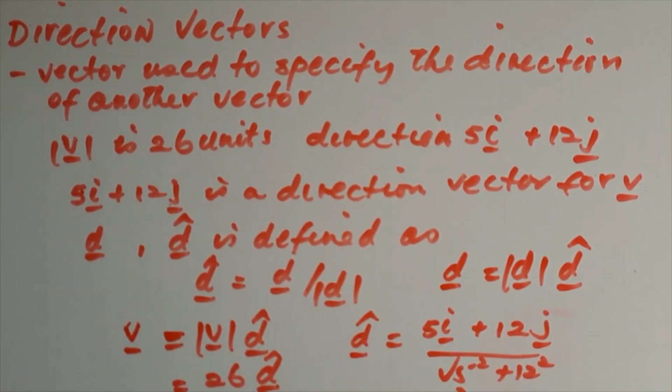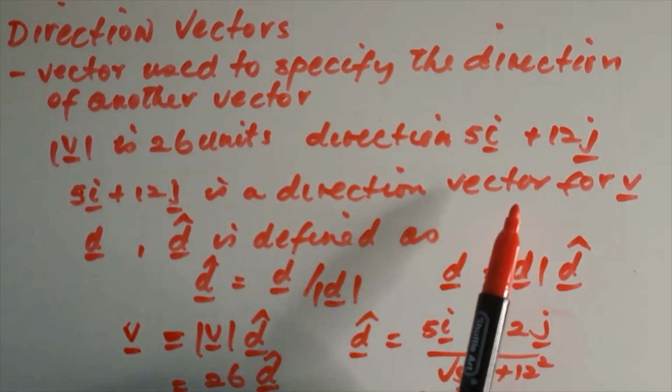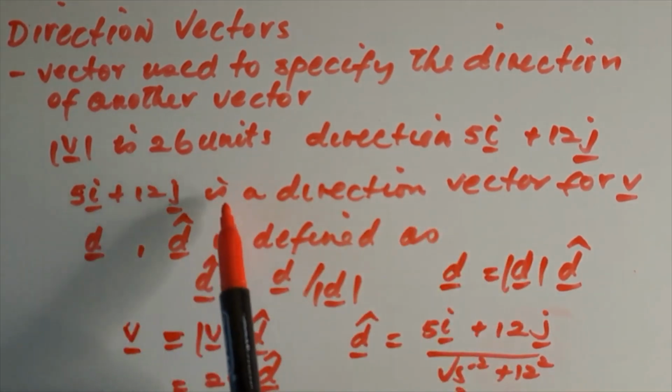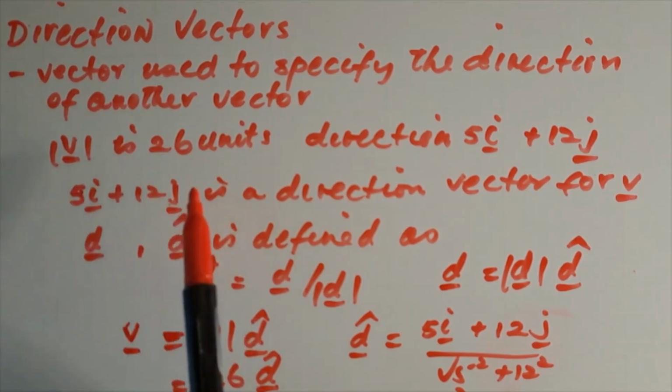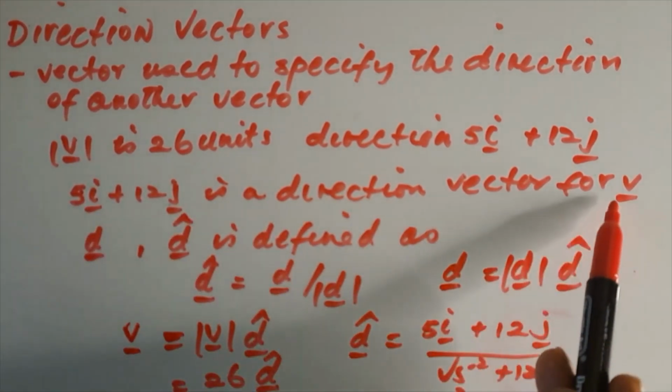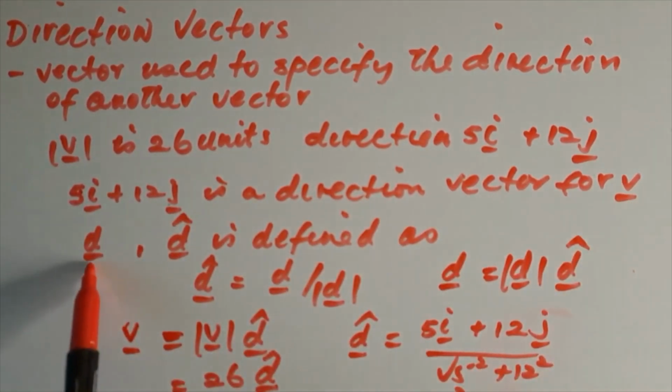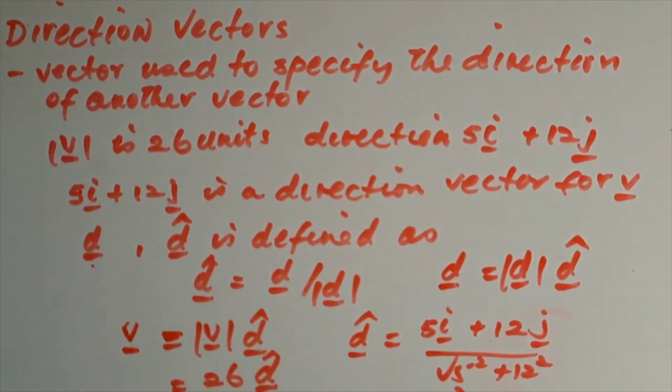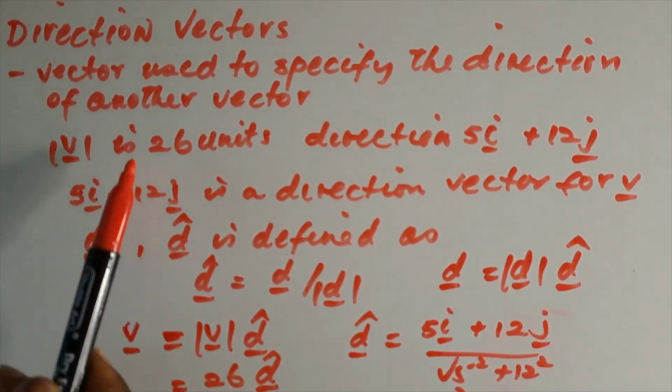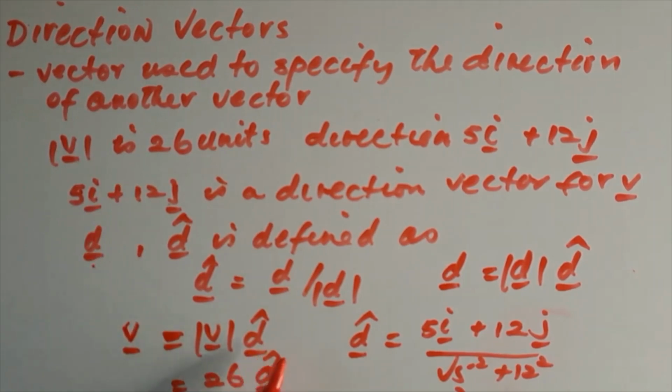Remember, we've stated here that this is in the direction of vector v, and we'll call it d. And now all we've done is substitute what the magnitude of v is, which is 26 units. We've calculated d hat, which is 1 over 13 times 5i + 12j.